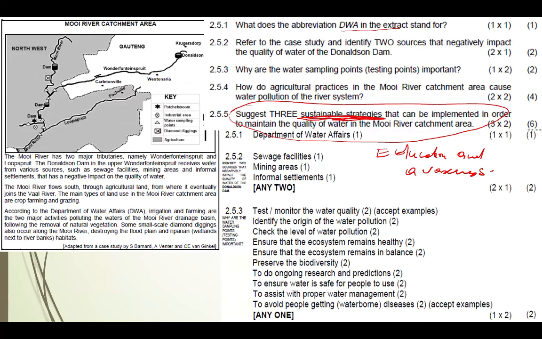If it's a strategy to reduce the impacts of tropical cyclone, it is education and awareness. If it is a strategy to reduce the impacts of mid-latitude cyclone, it's education and awareness. Education and awareness is the first strategy that you give when you are given any problem, because you cannot solve any problem when you don't know anything about it.